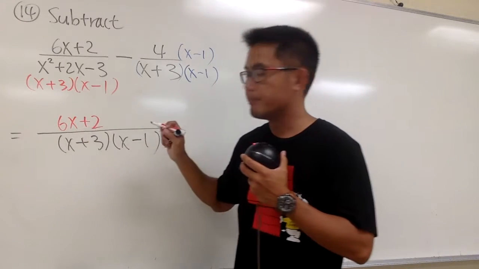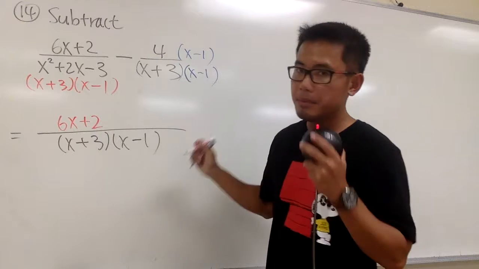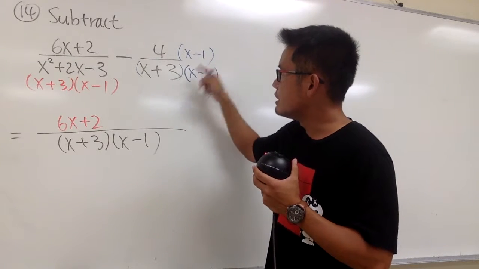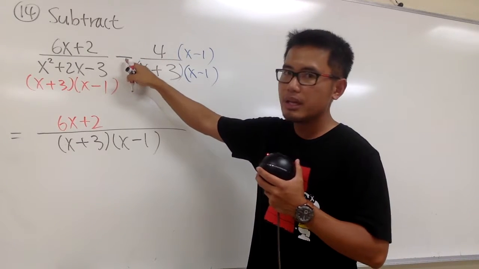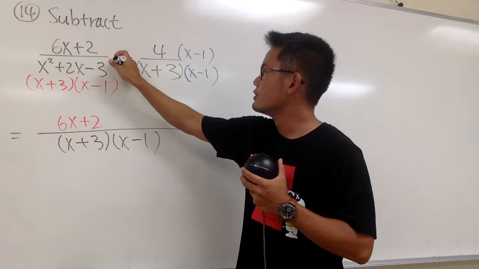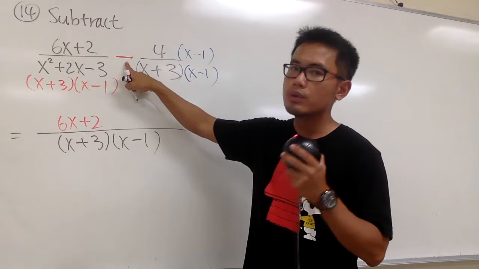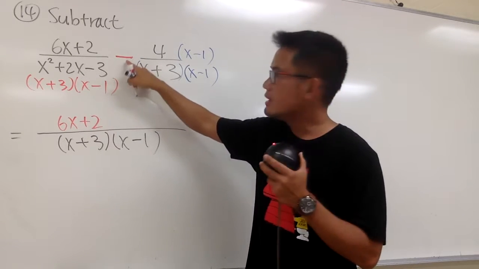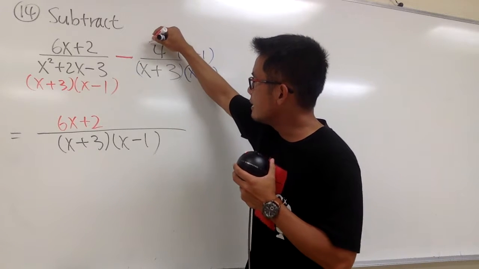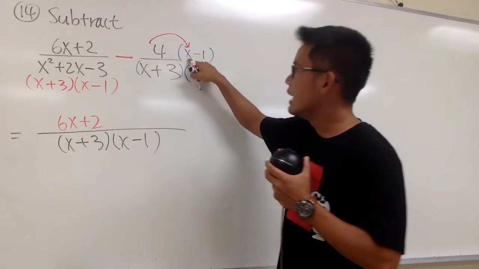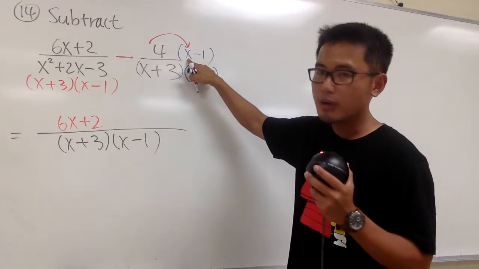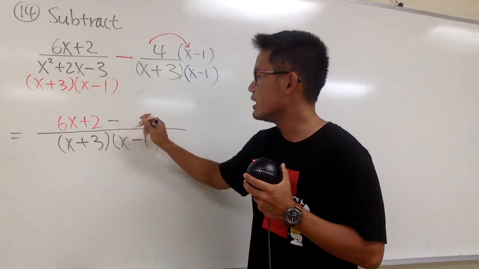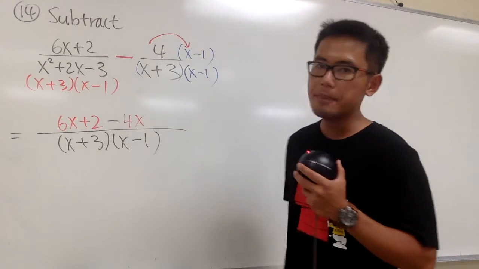6x plus 2. And then for the second one, be careful because we have this parentheses and this is technically a negative 4, right? So be sure you take the negative into consideration. This is the negative 4 and we have to take this negative 4 times x. Negative 4 times x will give us negative 4x, okay?